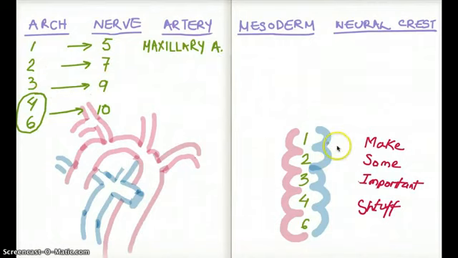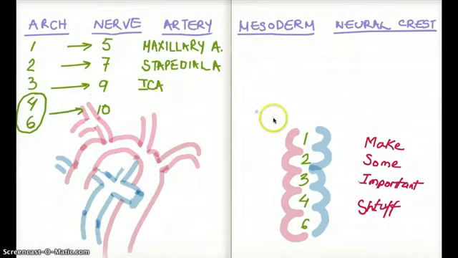Brachial arch 2 gives rise to S, or stapedial artery. Brachial arch 3 gives rise to ICA, or internal carotid artery.